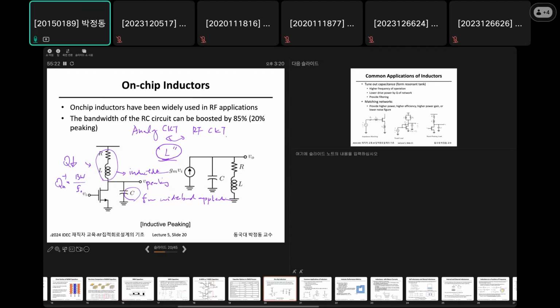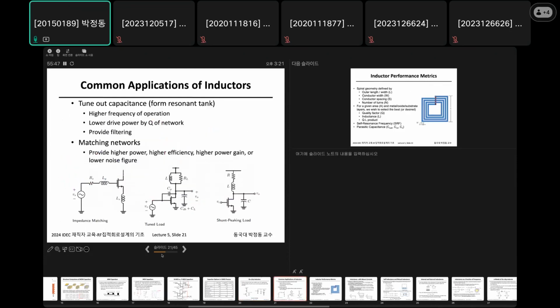For a given center frequency, if you want to increase the bandwidth, you have to reduce the Q. How? We just connect L in series with R. By doing so, you can boost the bandwidth by 80%, which is amazingly high, right?